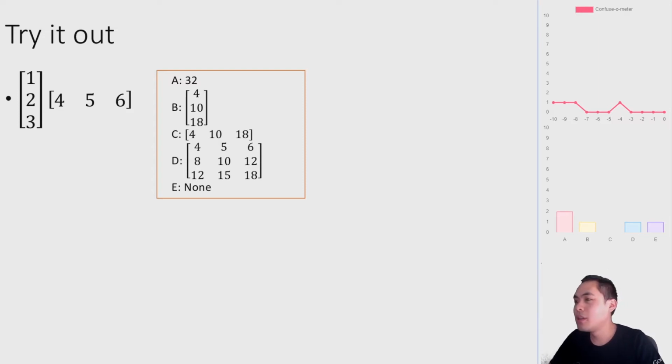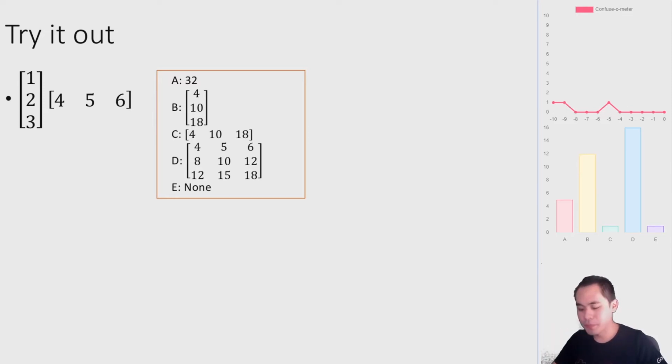It looks like A and D are ahead. Let's see how these are coming up. It looks like a decent number of B's, actually. Okay, so it looks like D won out, but B is a close contender, and we have some A's and one C. So it looks like this is somewhat complicated.